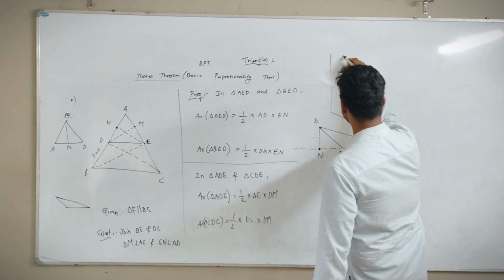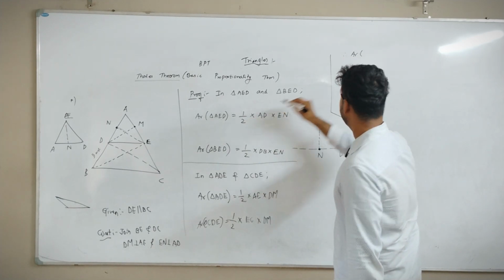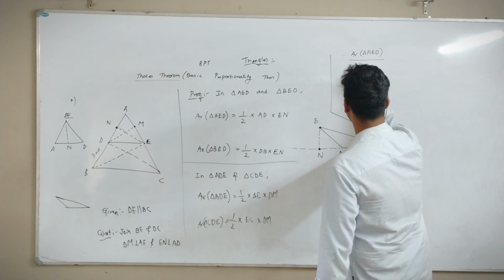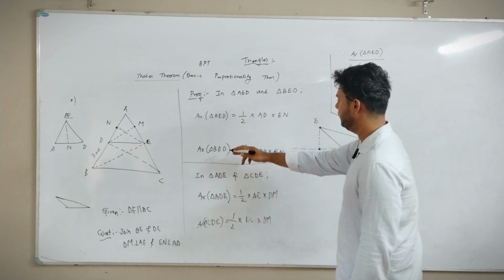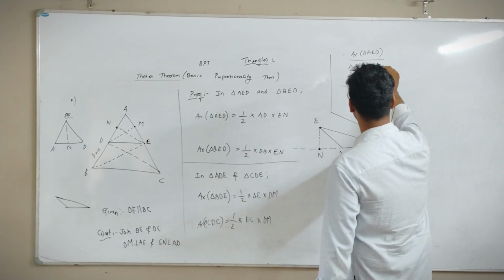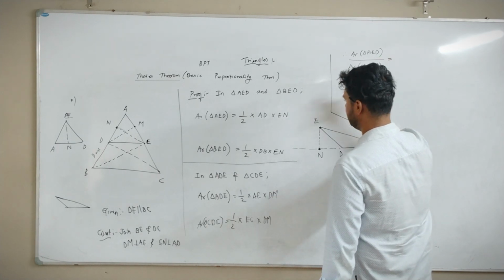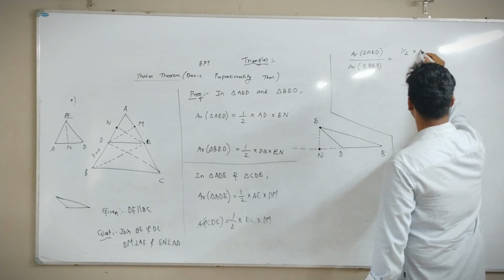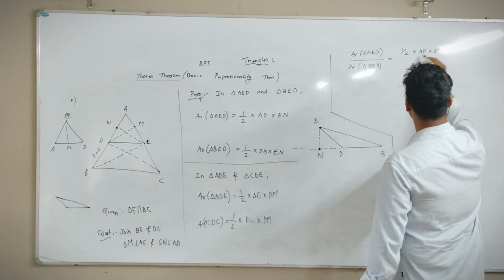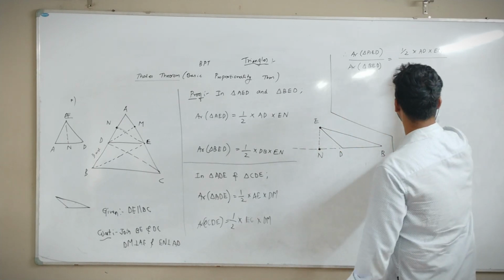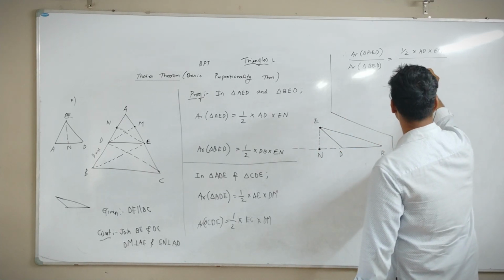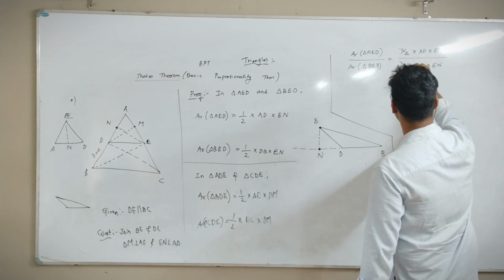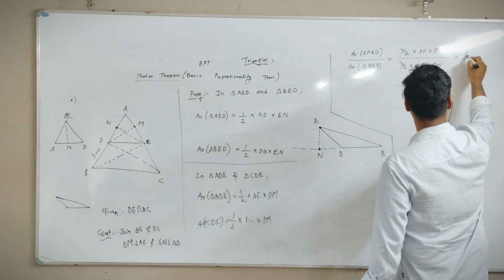First, area of triangle ADE divided by area of triangle BDE is equal to half into AD into EN, whole divided by half into DB into EN. Half cancels, EN cancels. AD by DB.